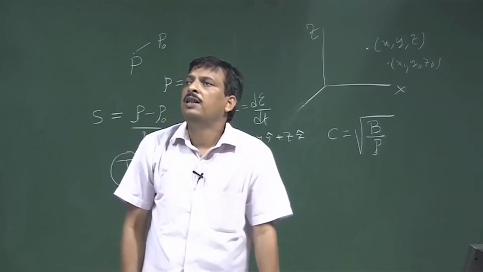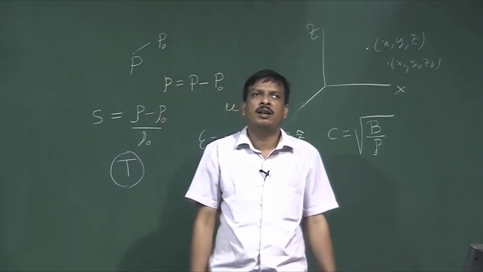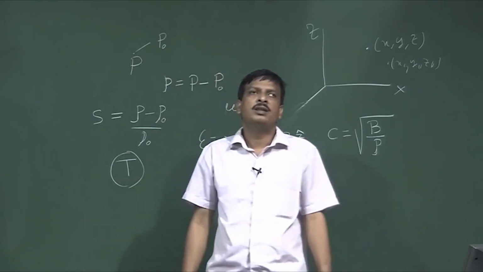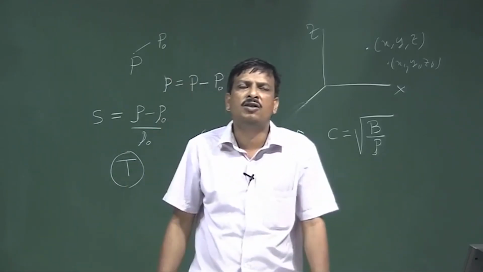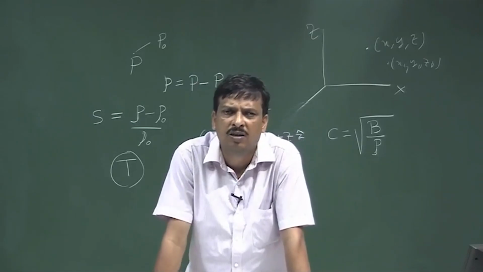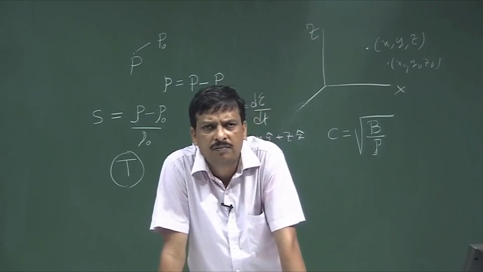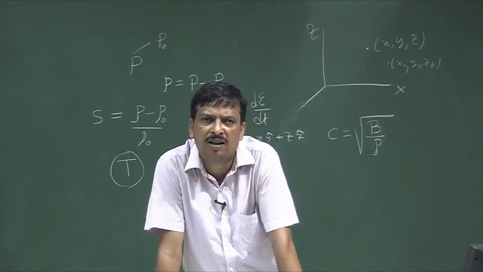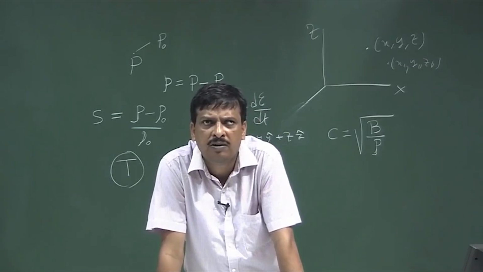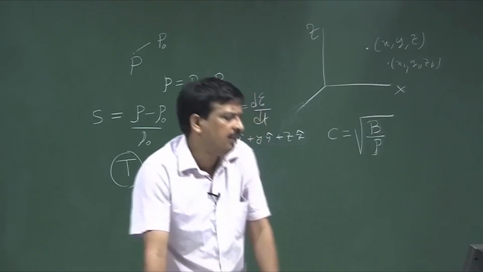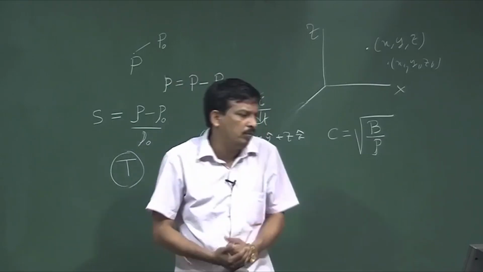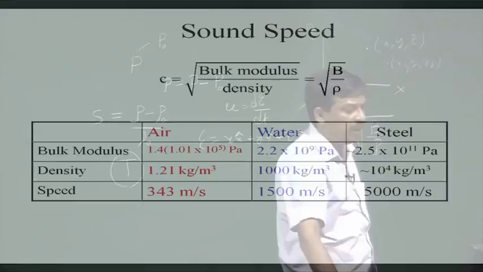So, the velocity of sound in air, in solid, and in water or liquids will be different, because the bulk modulus and density of the medium will be different. Okay. So, this is one example given.